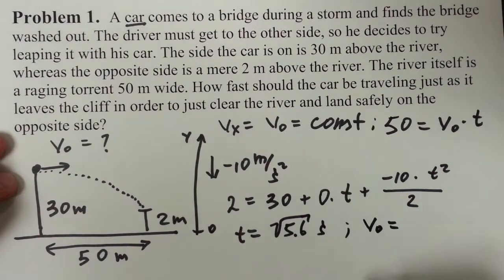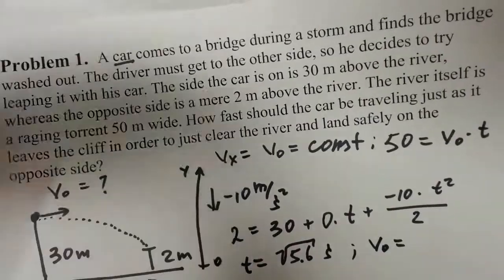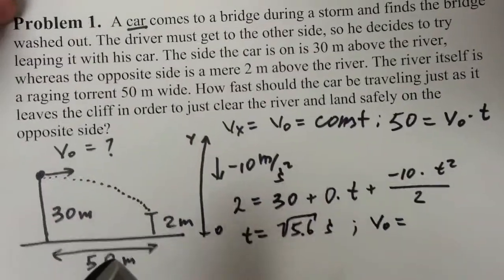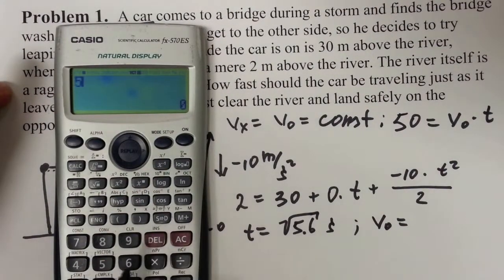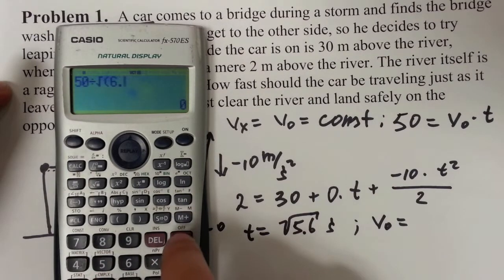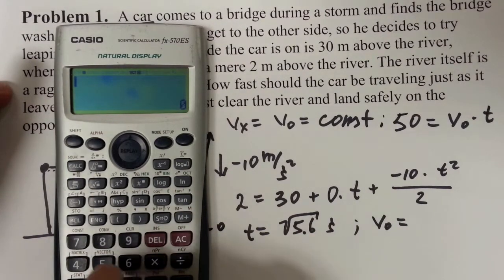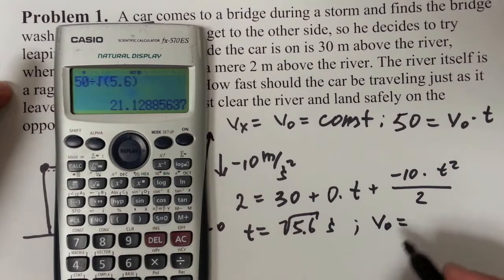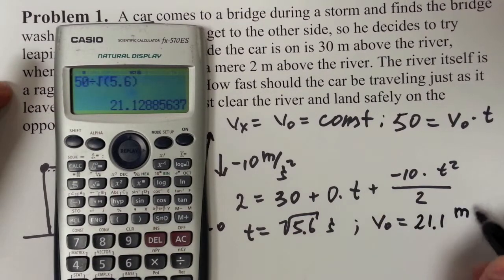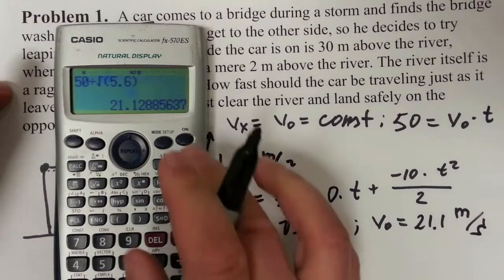So the initial speed is equal to 50 divided by square root of 5.6, equals 21.1. Done.